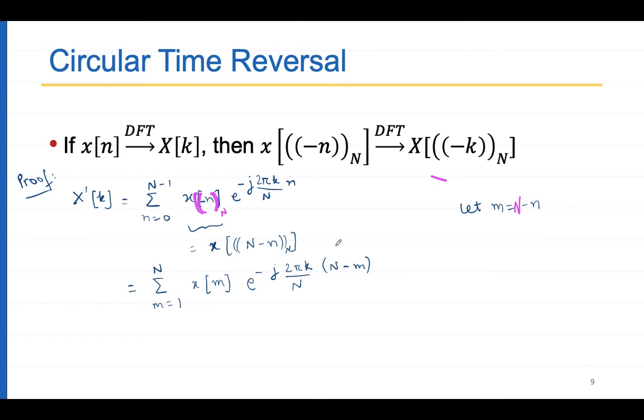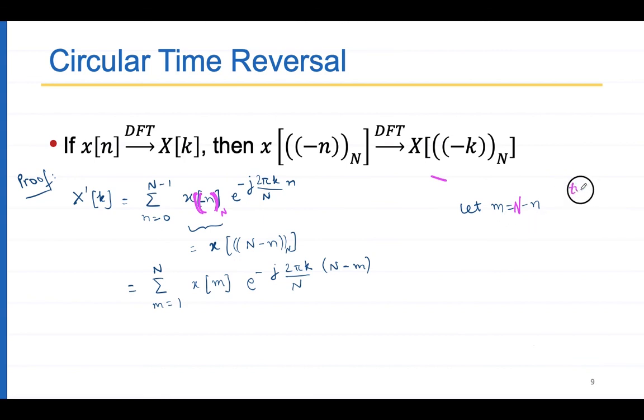Why did I do this step? I did this step because I know that with minus n, all the indices will go out of range. For n equal to, let us say, 1, we get x of minus 1. I don't want to go out of my range of 0 to N minus 1. To bring back the range to 0 to N minus 1, I do this step.